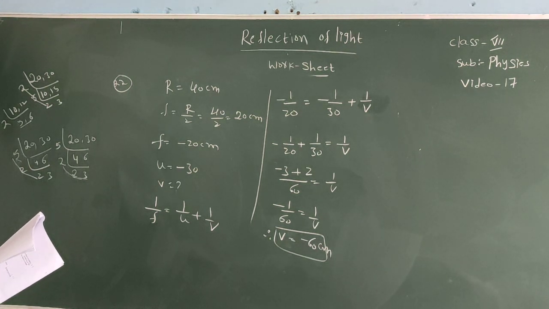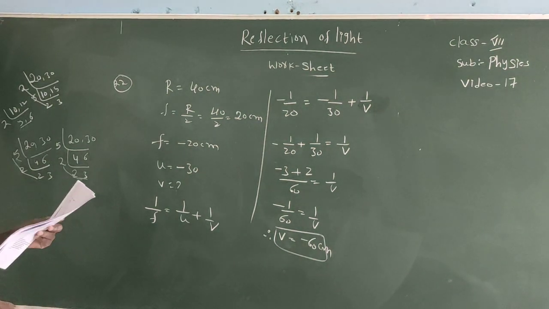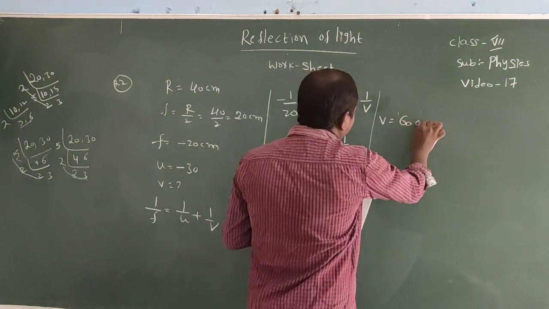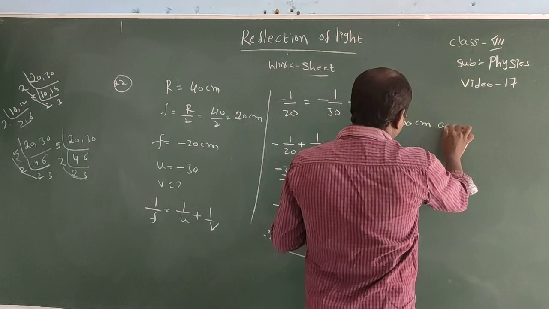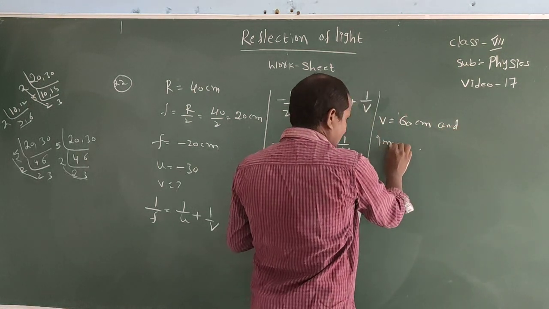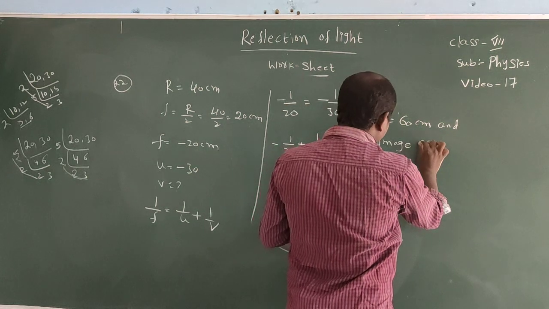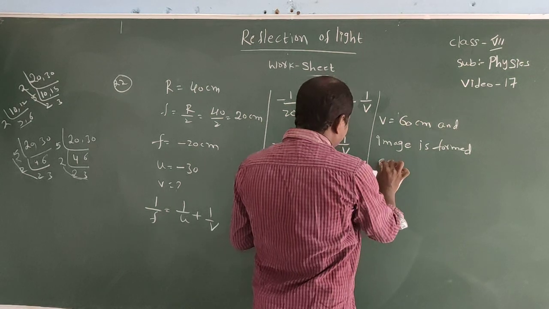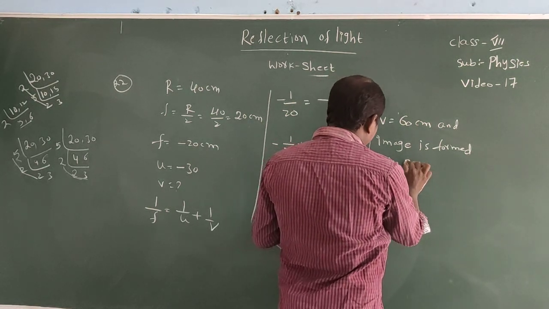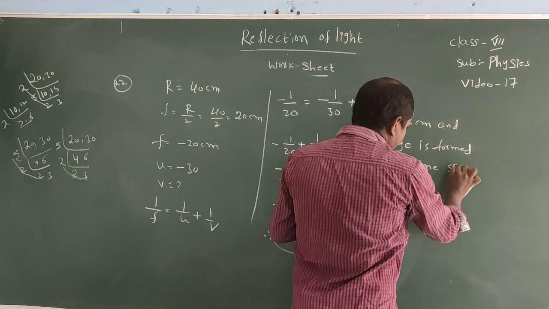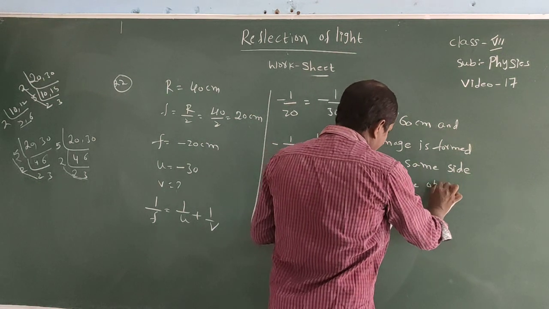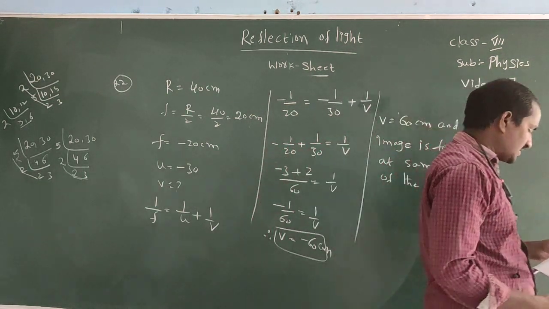So v equal to 60 centimeters, and image is formed at the same side of the object.